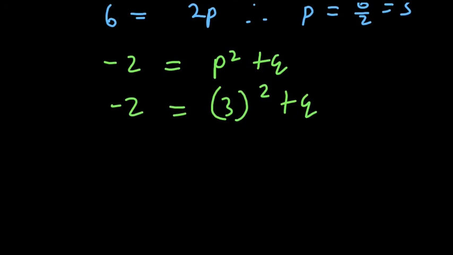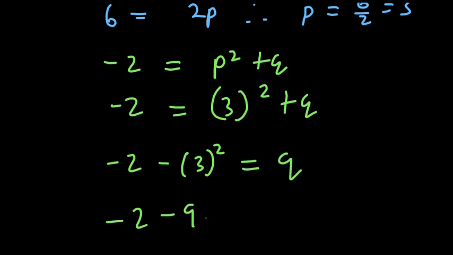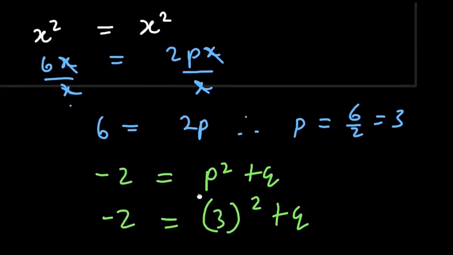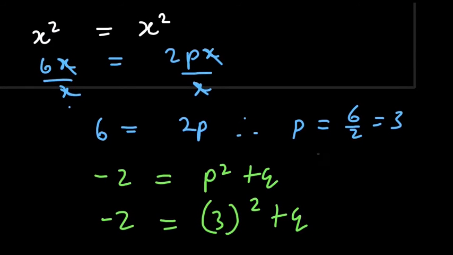So it's -2 minus 3 squared is equal to q. Our result is -2 minus 9 is equal to q, which is -11. So our q is -11 and our p is 3.